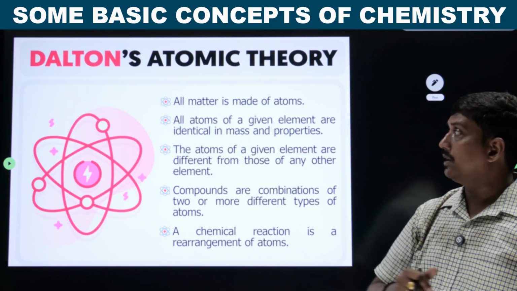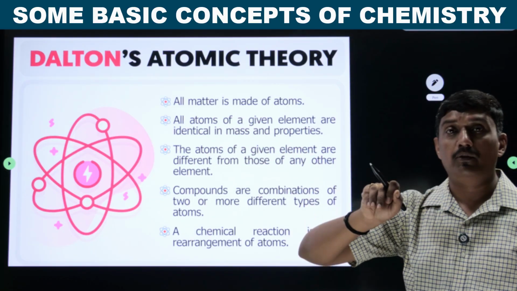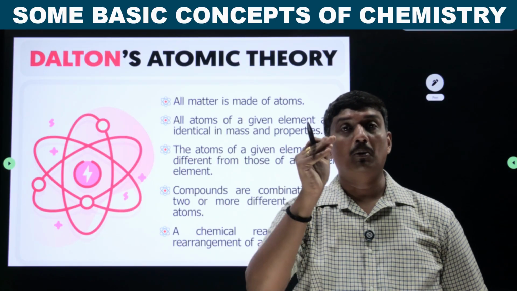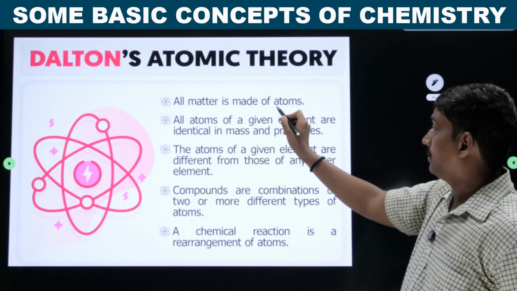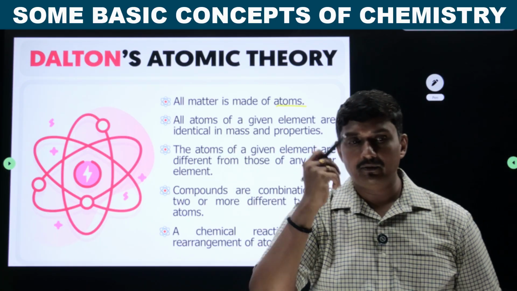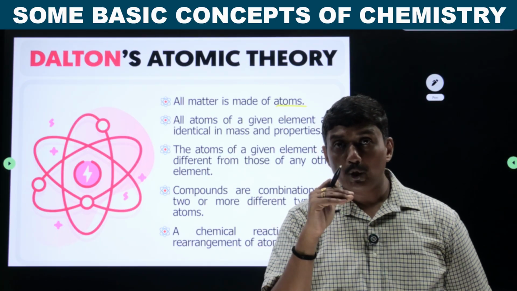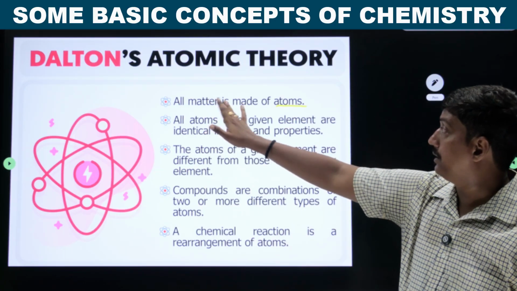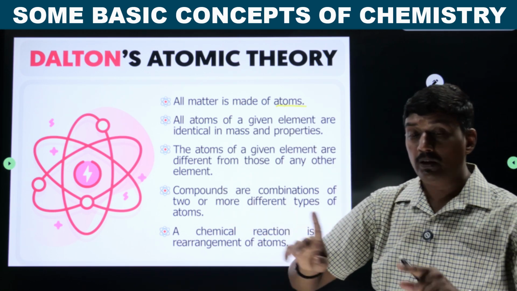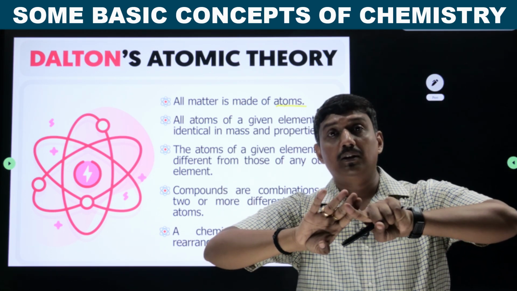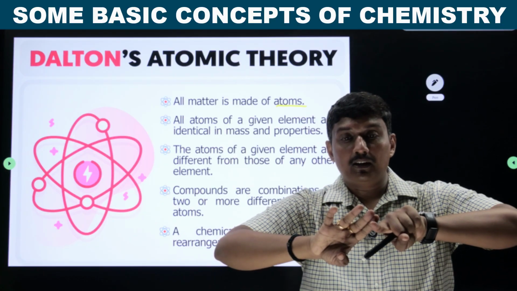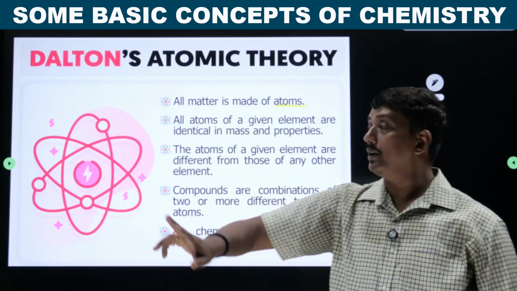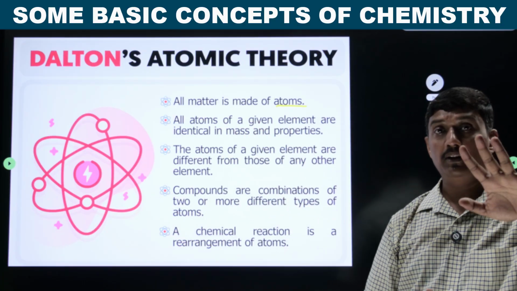He states that all matter is made up of indivisible particles called atoms. What is the meaning of indivisible? According to him, the components present in the matter, which are nothing but atoms, cannot be further split. We cannot break it further. That particle is considered to be an atom.